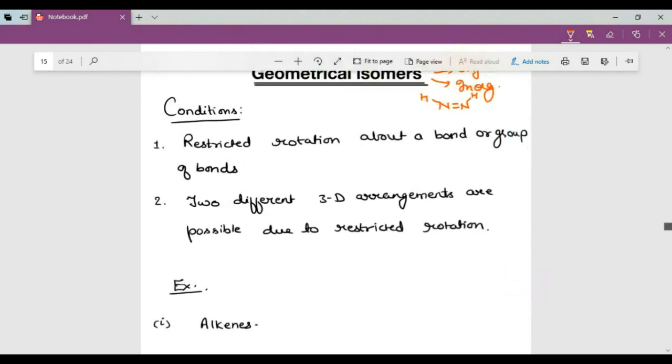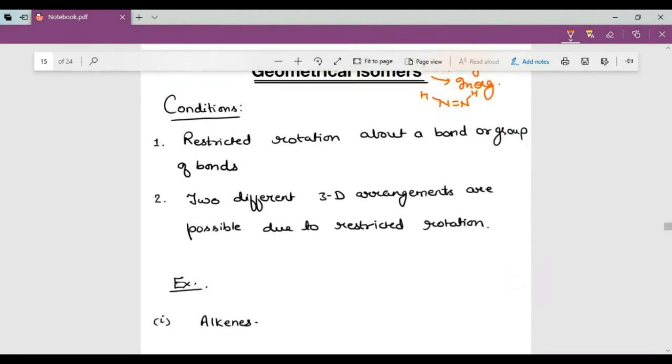Now, what is geometrical isomerism? What should we check for geometrical isomerism? Okay, so the first thing you need to check is there should be restricted rotation about a bond or group of bonds. Point number one, there should be restricted rotation, either a bond or a group of bonds. A bond, then I can say a double bond.